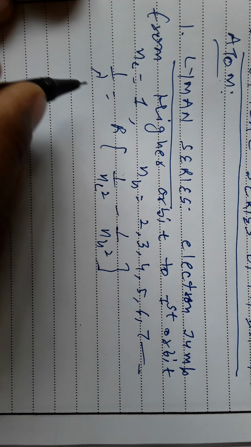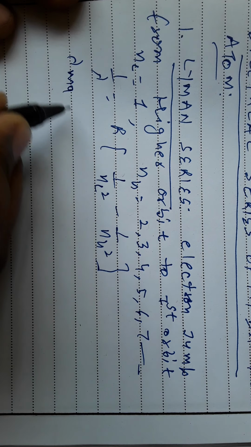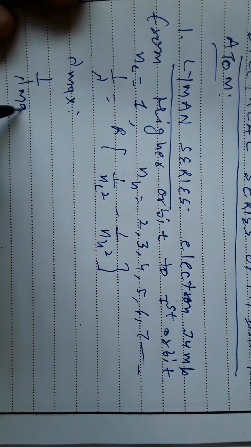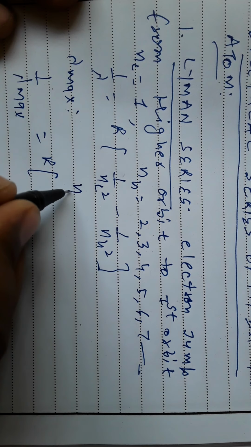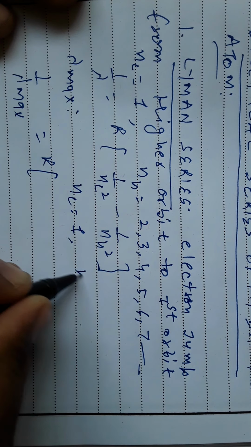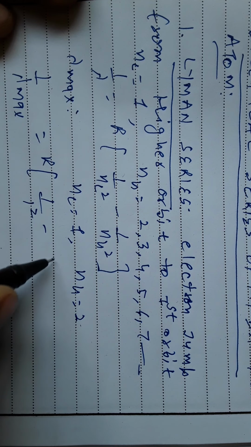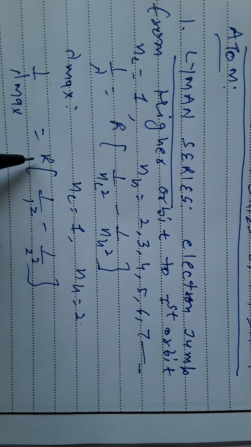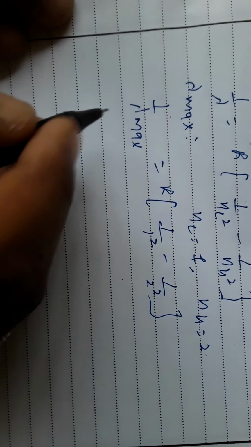To find the maximum wavelength in the Lyman series, for the maximum wavelength, 1 by lambda maximum is equal to capital R, nl is equal to 1, nh should be equal to 2. So 1 by 1 square minus 1 by 2 square. By putting the value of capital R, we can calculate the value of lambda, which is the maximum wavelength.